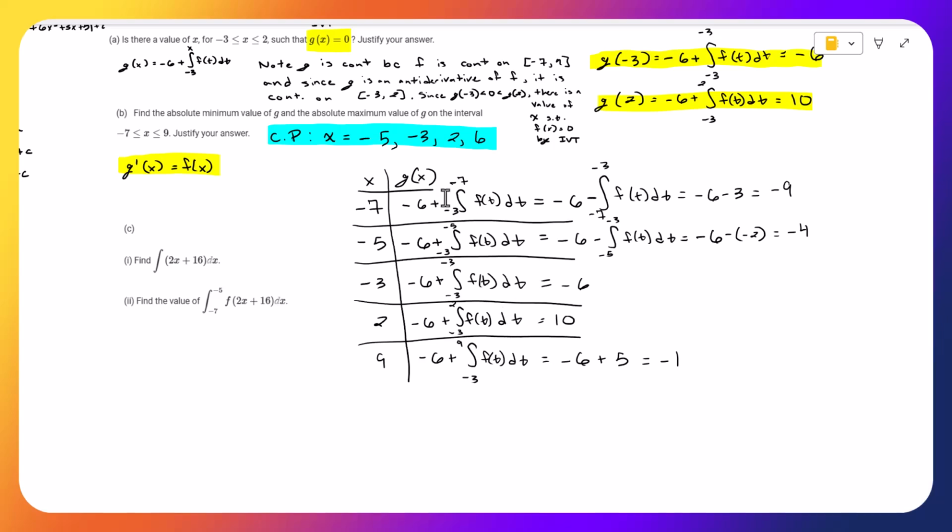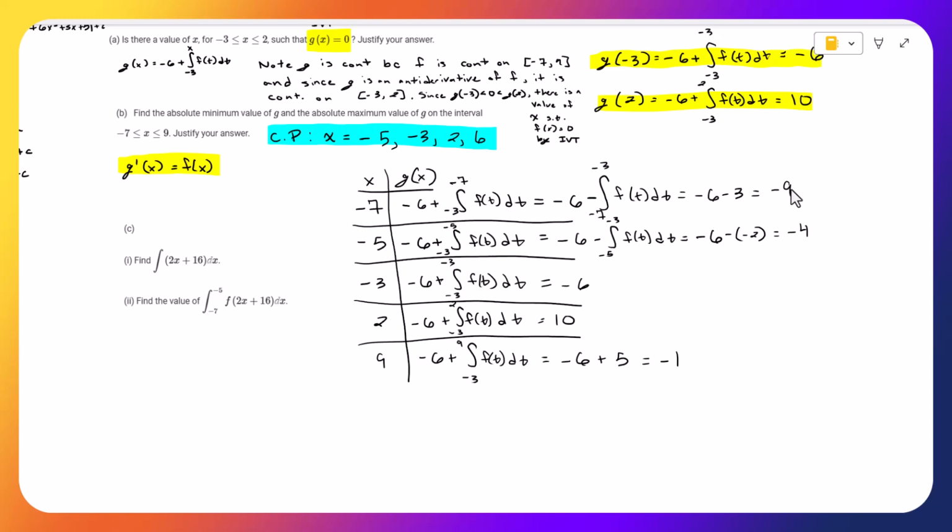But let's just get our answer and then we'll be done with this. So which of these g of x values is our, let's start with our minimum, smallest number? Well, our smallest is -9. So g of -7 equals -9 is, I was going to say R, but I don't want to say R, is the absolute minimum.